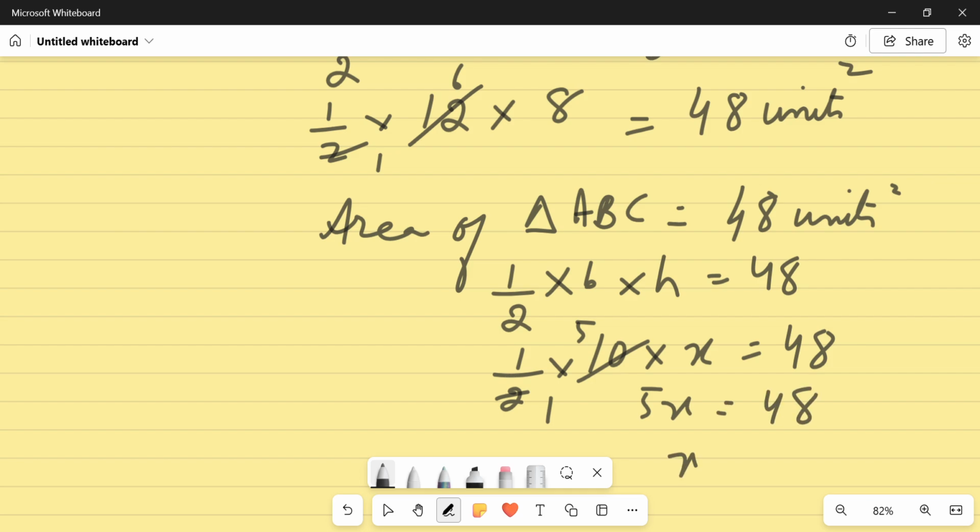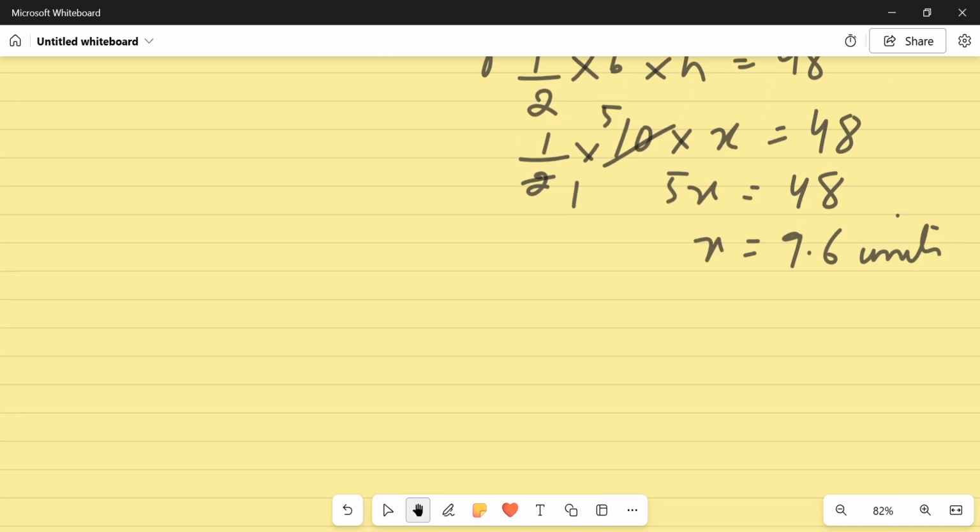So X equals 48 divided by 5, which gives you 9.6 units. You just write down the statement. The statement will be: therefore, the length of the perpendicular from A to BC is 9.6 centimeter. I hope that students, you understood this question. Thank you for watching.